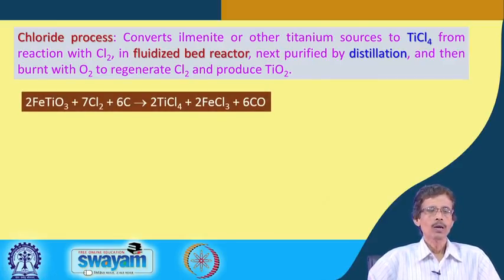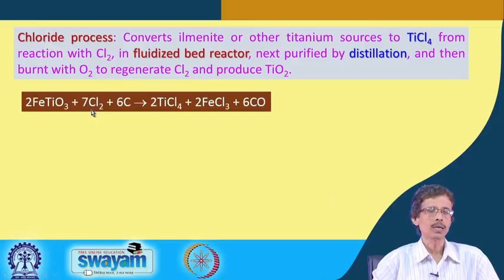So, this corresponding iron titanate, that means ferrous titanate, is Fe2+ TiO3, titanium is in the tetravalent state. So, FeTiO3 when it reacts with chlorine and carbon, the iron is reduced first, giving you sometimes the iron as the metallic form, but in this particular case the chlorine is your oxidizing part.